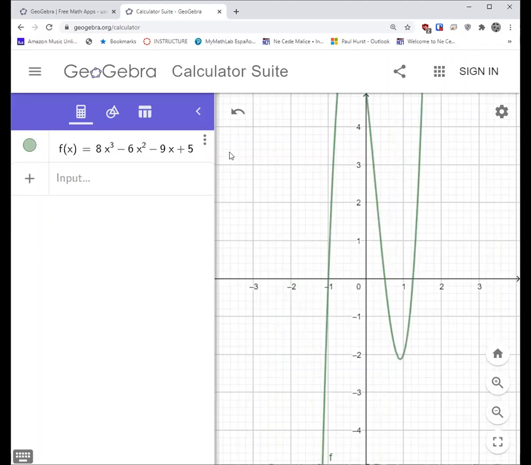Hit enter, and it gives me a new graph. Okay, it looks like negative 1, and then, oh wow, 0.5 and 1.25. So this looks like 1/2, and that looks like, what, 5/4? But let's just take this negative 1 and run with that one. So we know that negative 1 is a 0.